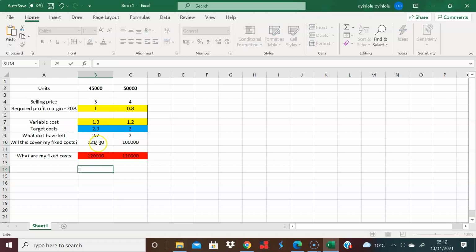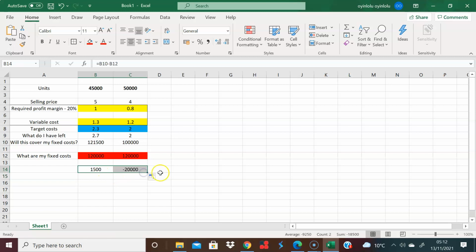So technically, I can make a profit here of 1,500. And here you're making a loss, and so therefore you should go for this one where you're selling at £5.